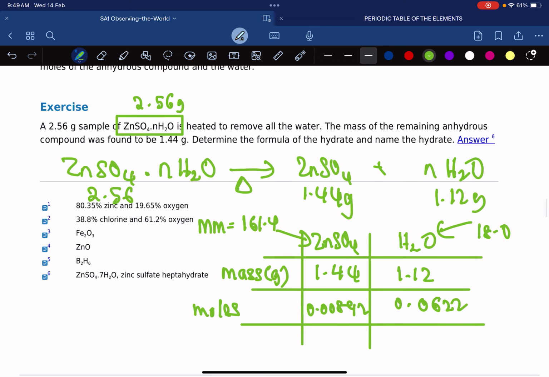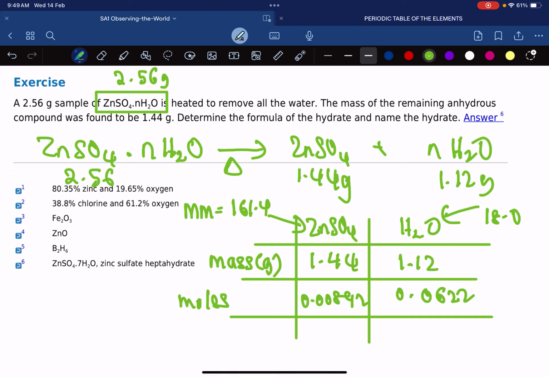Now I ask myself which of these numbers is smaller, and obviously this number is smaller. So I divide it by itself and get 1. Then I divide this number by 0.00892. Sorry, still getting used to this.